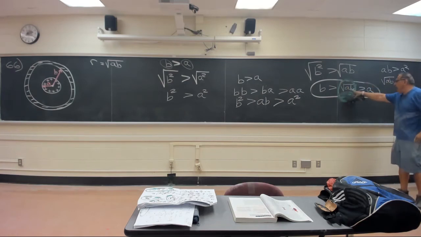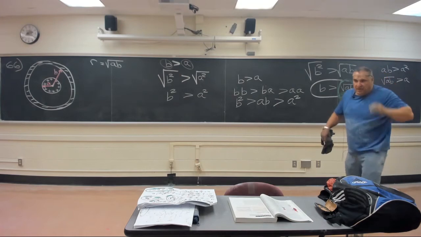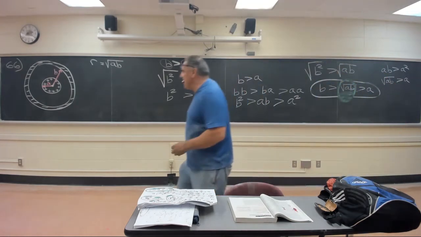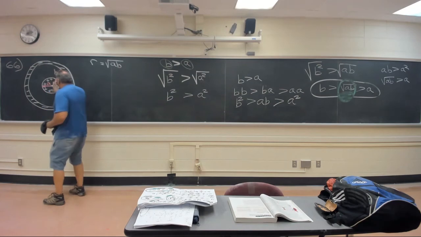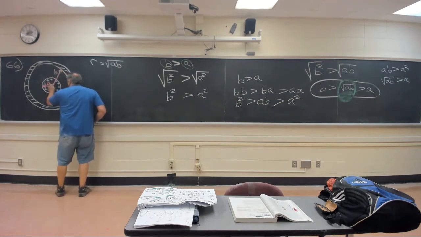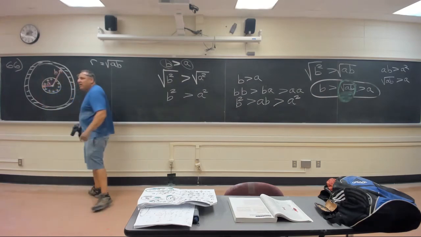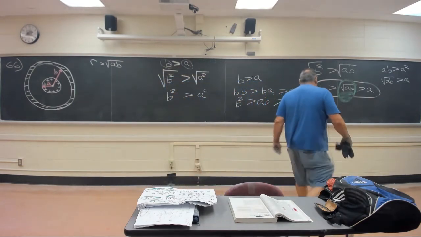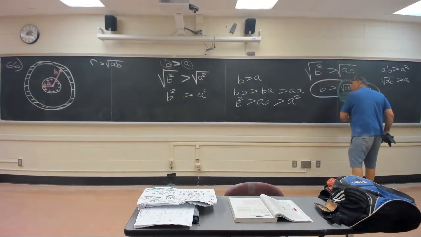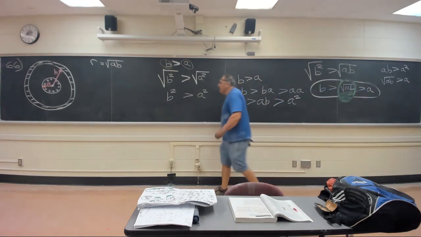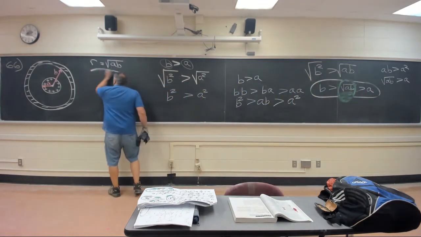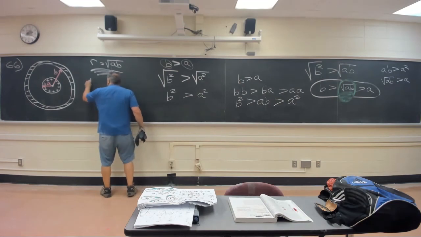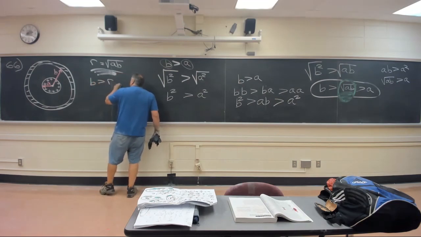The square root of the product, A times B, is a number between A and B. This is A, and the whole thing is B, and there's a number between A and B within the cylinder that we'll call R. R equals the square root of the product, A times B. Based on what I just said, R is going to be less than B but greater than A.